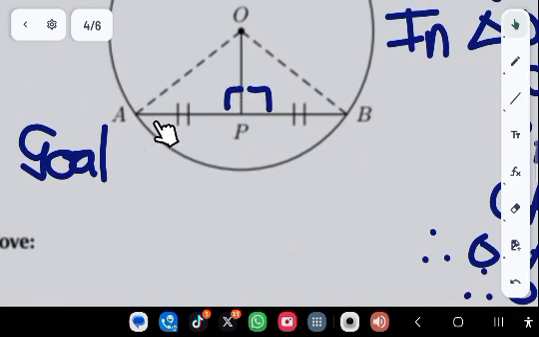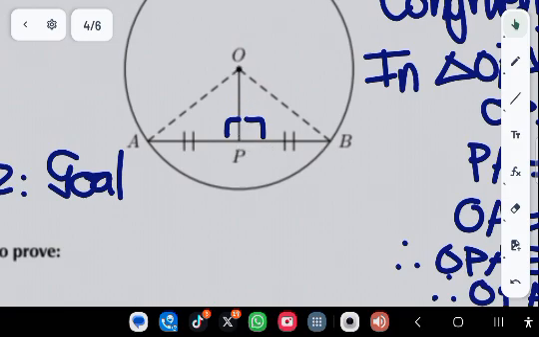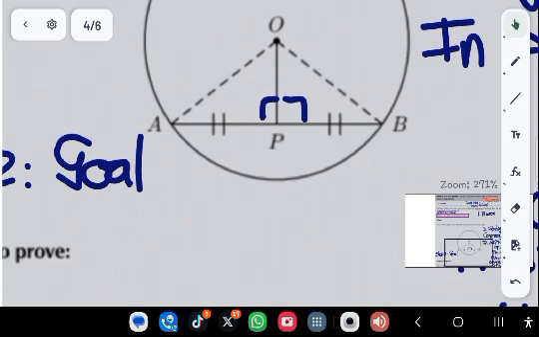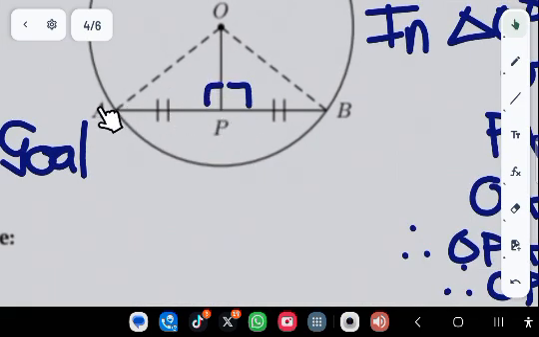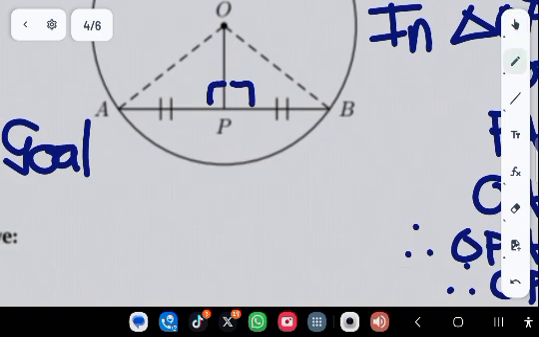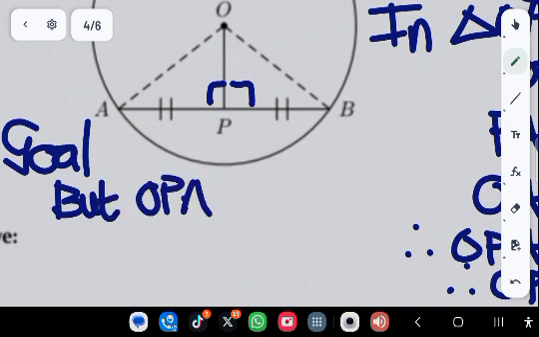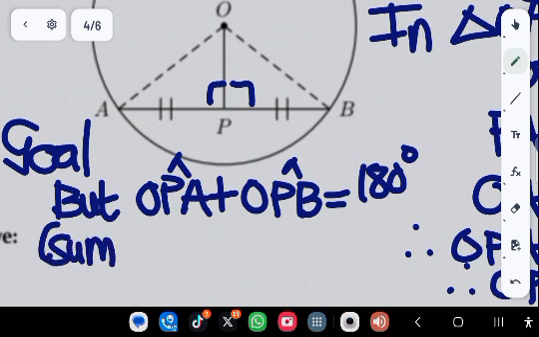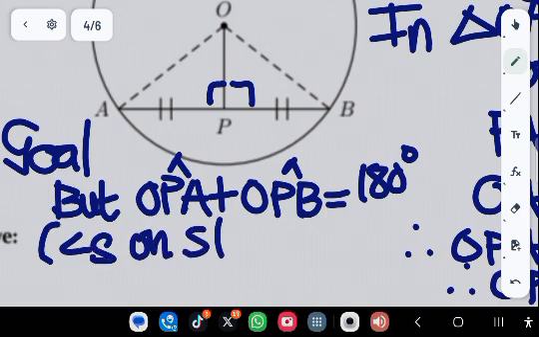How do we then prove that angle OPA and angle OPB are 90 degrees? Here is what we do. Notice that angle OPA and angle OPB are angles on a straight line, so the sum of angle OPA plus angle OPB equals 180 degrees. The reason is angles on a straight line.